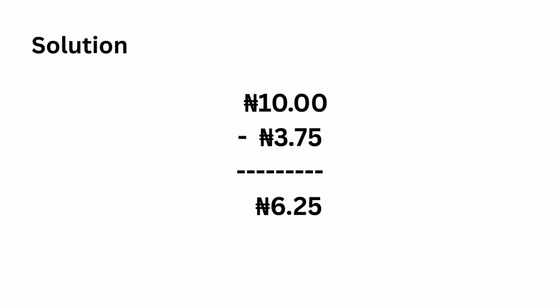So 9 minus 7 is 2. At the left side of the decimal, that 10 is remaining 9 because we borrowed 1. So 9 minus 3 gives us 6. So our answer is 6.25. That's 6 naira 25 kobo. Those zeros wanted to show us something, but we were not having it. We won. 6 naira 25 kobo.